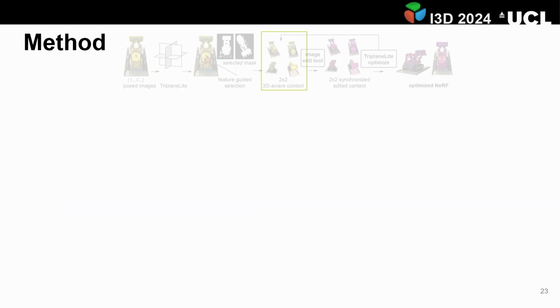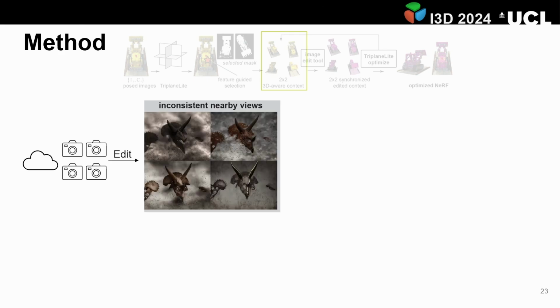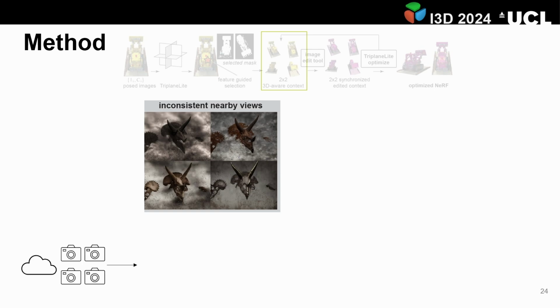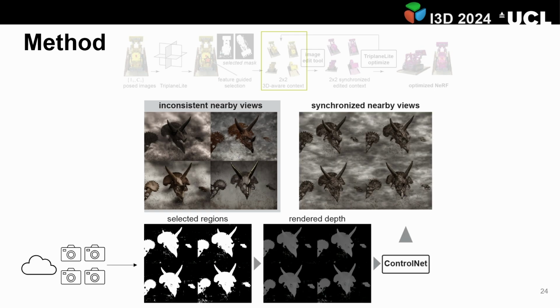As for 3D-aware image context, as mentioned before, editing rendered views independently will lead to inconsistency issues. To address this challenge, we introduce a simple but very effective solution. We merge multiple images into a single image grid when editing.